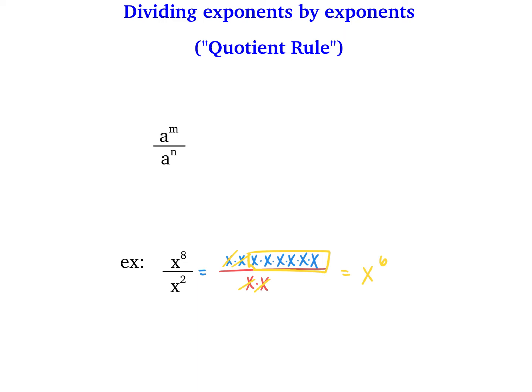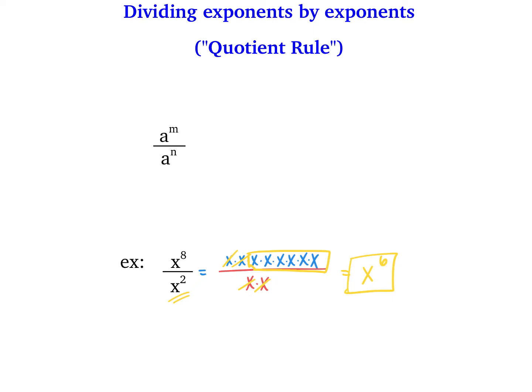So dividing exponents by exponents, or the quotient rule, if we think about this example, it's slightly different from the last one. X to the 8th divided by x squared. We've talked about how numerators and denominators are canceling out. So the 2 x's on the bottom are taking away 2 from the top, which leaves us with x to the 6th power as our final simplified form.